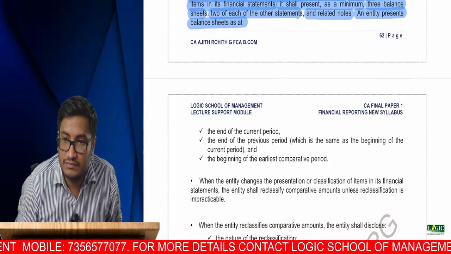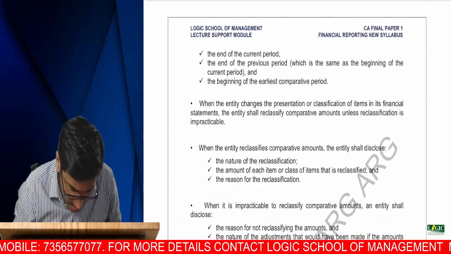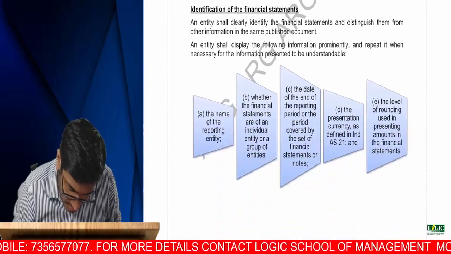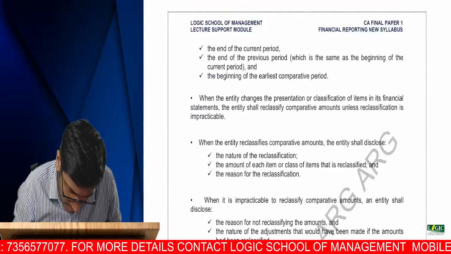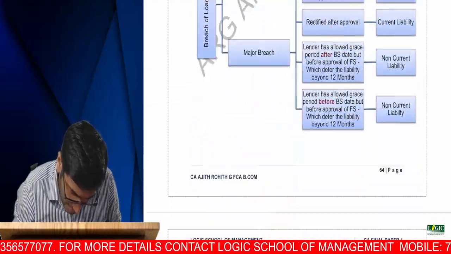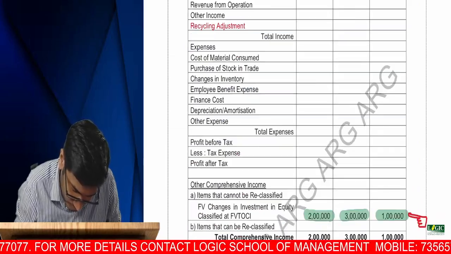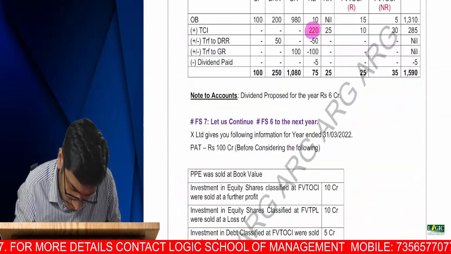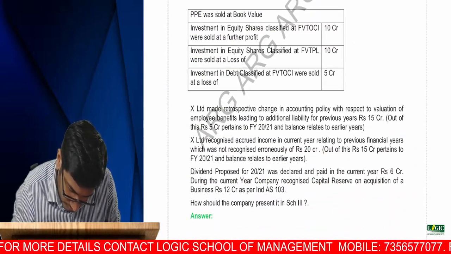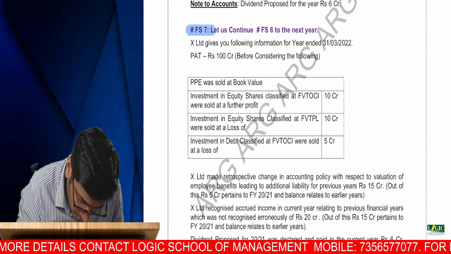Okay. So the three balance sheets are properly highlighted. Okay. What is written?